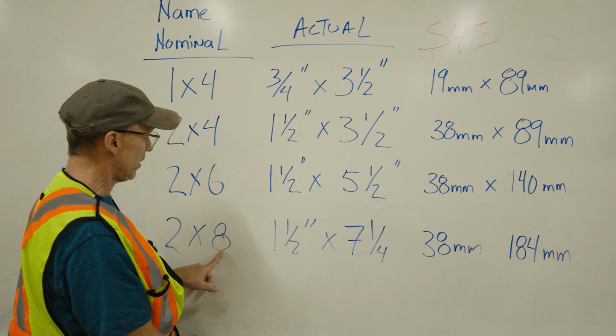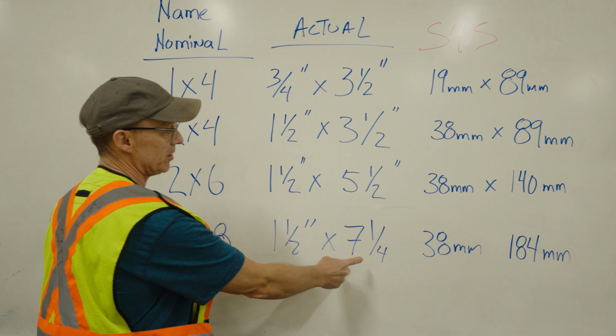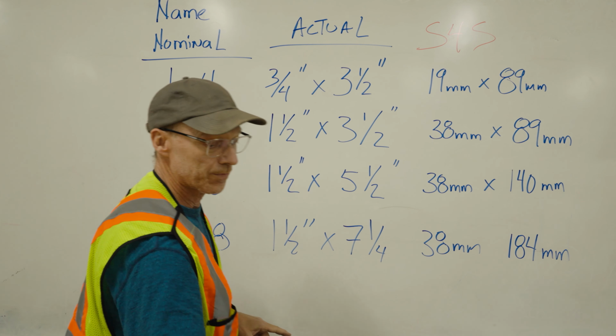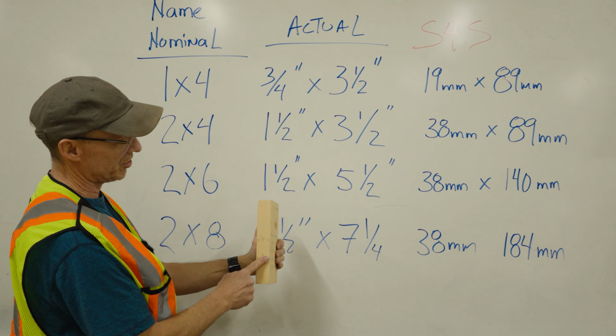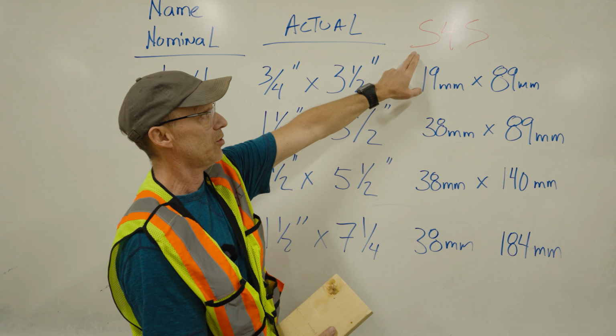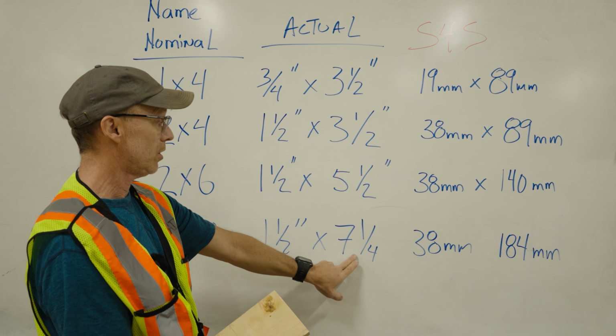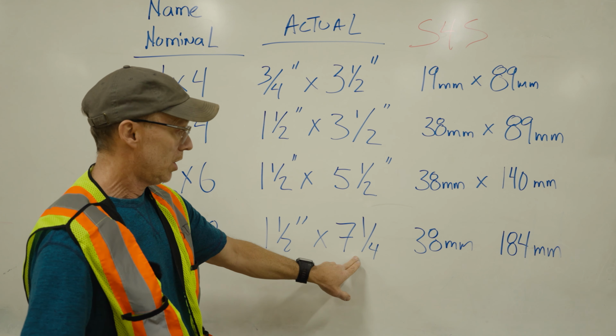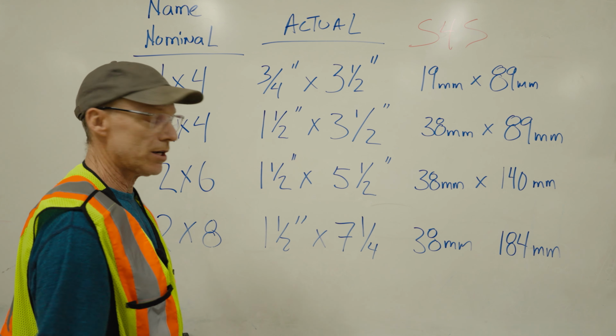It's an industry standard. Our 8 inches, we actually lose 3/4 of an inch. Our thickness remains the same, but our width changes. In the surfacing process, the planing process, if you will, they're removing a little bit more material. And that continues on to items like 2x10.